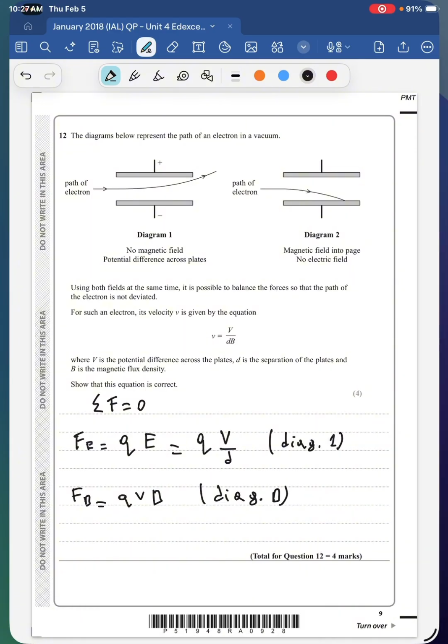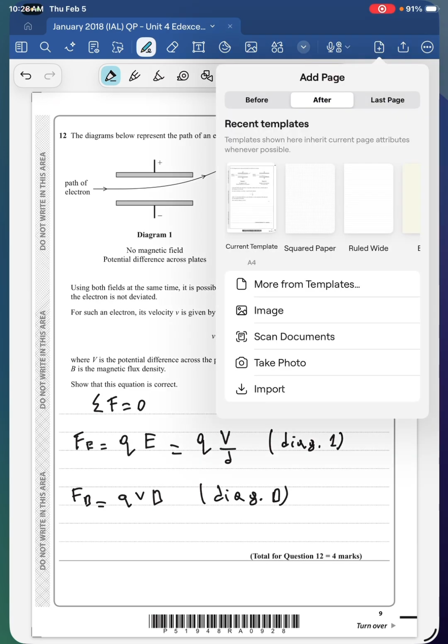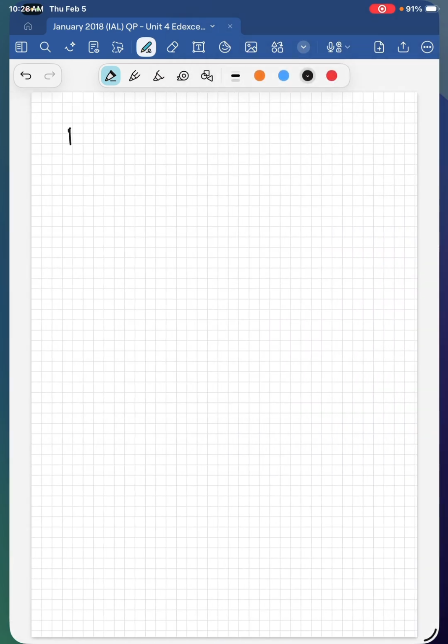So we pretty much have to have these 2 forces balancing. Let me use a clean page. We need the force due to the electric field to be equal to the force due to the magnetic field, or Q times V over D to be equal to Q v B. Let me write the voltage like that to distinguish it from velocity, which I also write with v.